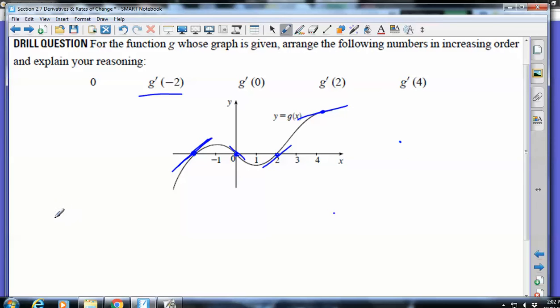Which one? G prime of 0. So that's got to be my lowest one. And then next would be, that's the only negative, so next would have to come 0. Okay, slope is a measure of steepness. So which of these is the least steep?